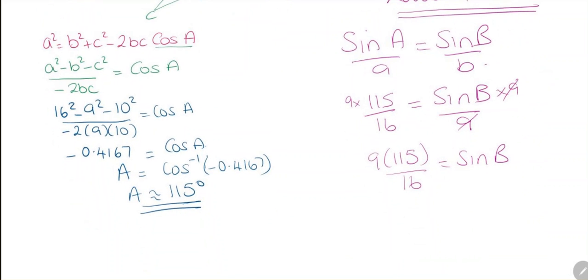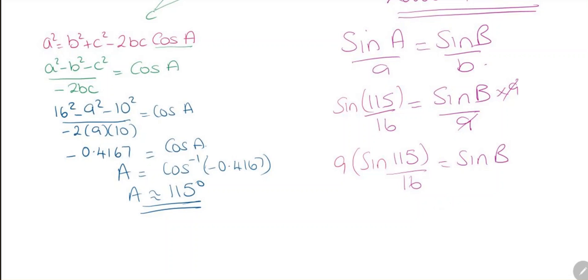So in our calculator, actually that should be 9 times sine 115. So let me just correct that. So that's 9 times sine of 115.